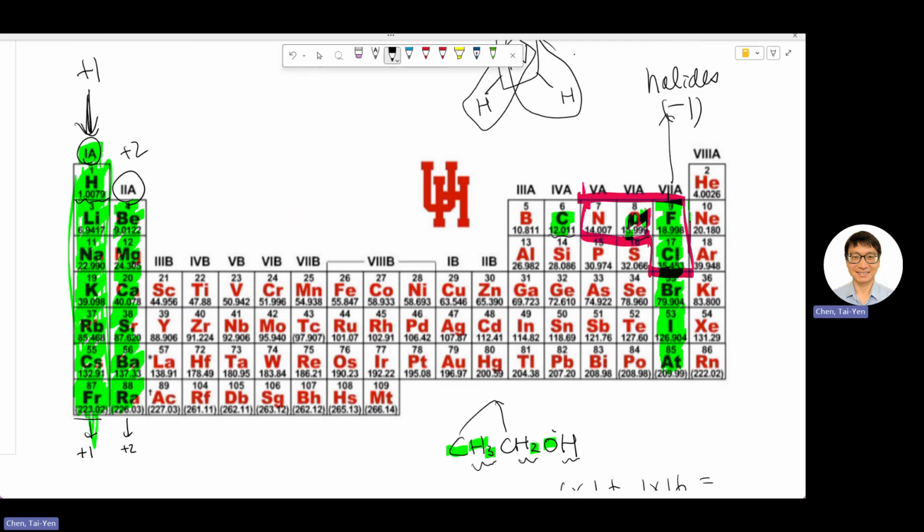Once they dissociate, it always carries -1. Calcium chloride, CaCl2, dissociates, and the cation will be Ca2 plus, and Cl minus. If you have this concept, writing out those things is very simple.